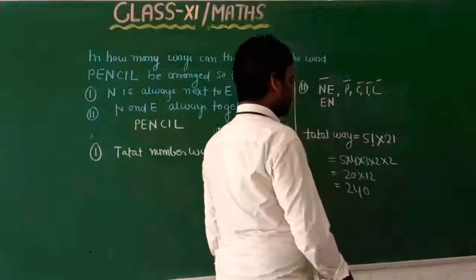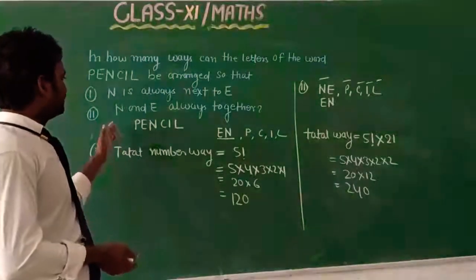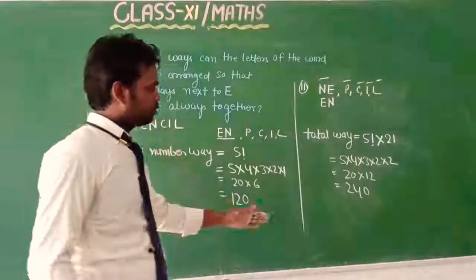Okay, so the total ways of arranging the letters when N and E are always together is equal to 240.